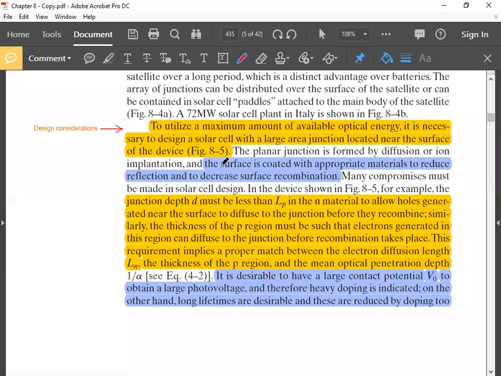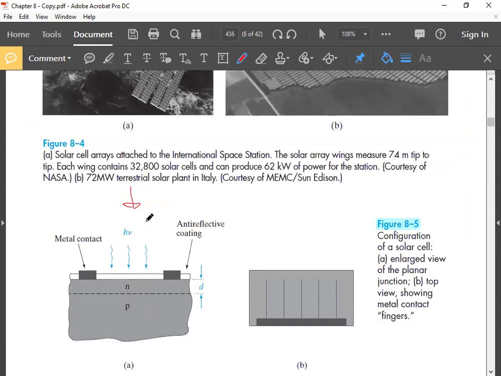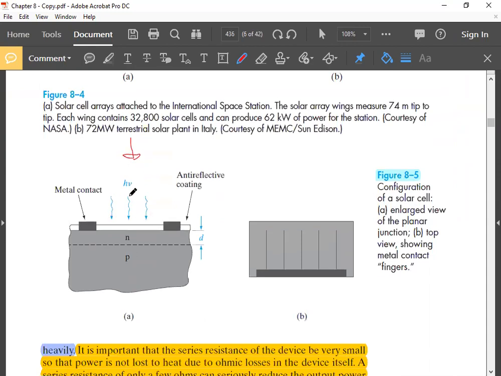The second design consideration: the surface is coated with appropriate materials to reduce reflection and to decrease surface recombination. So what is that? Since light is coming from this side, if there is reflection on the surface, so what happens?